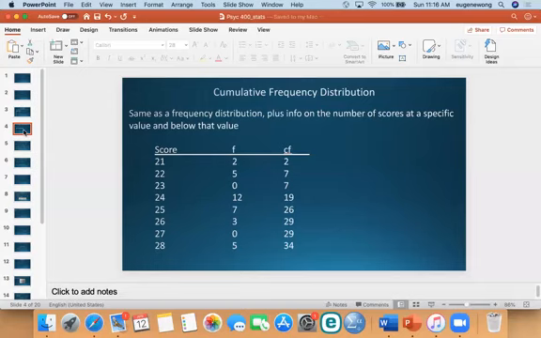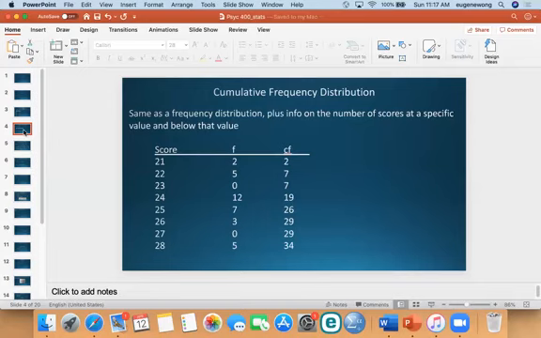If you look at the score 22, we see that there are 5 22s in the set of data. Therefore, there's a total of 7 scores at 22 or less. In other words, there's 5 22s, 2 21s. Therefore, there are 7 total scores at 22 or less.